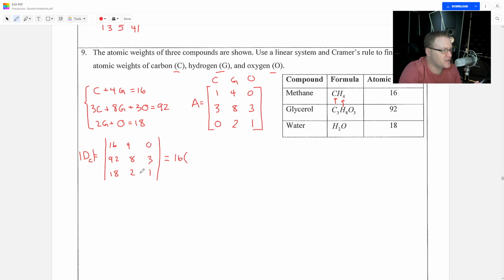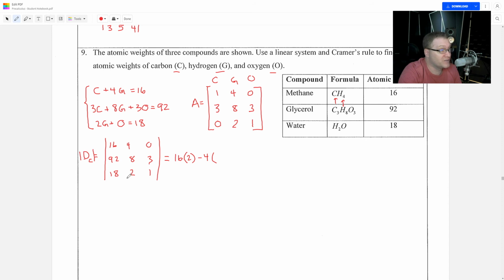We have 8 minus 6, so it's going to be 2. And then we're going to have minus 4 times, and we're going to have to find 92 times 1, so that's 92, and then 3 times 18. 3 times 18 is 54. So we have 92 minus 54.